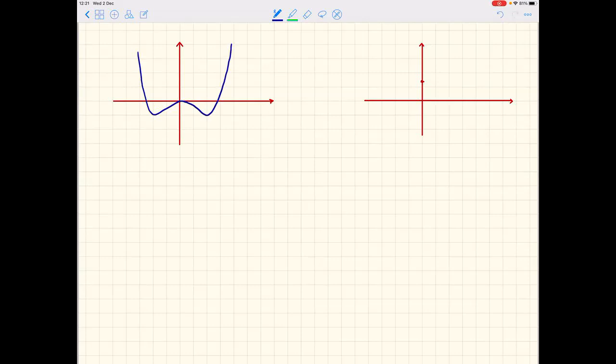What happens? What happens is the following, that this guy starts shifting in this direction, and this guy gets deeper.